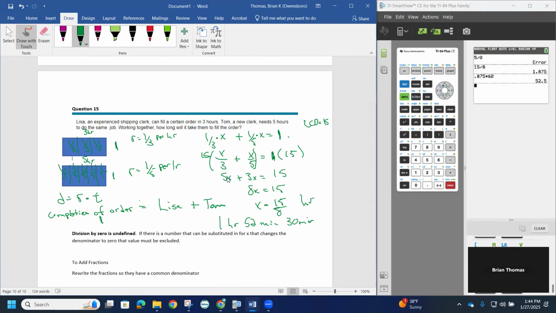Notice how she's working at a faster rate, so she's probably completing more of the job than he is at his rate. But in the end, together, they're both kind of happy because they've done the job in a quicker time altogether. So 15/8 hours would be the answer to that.